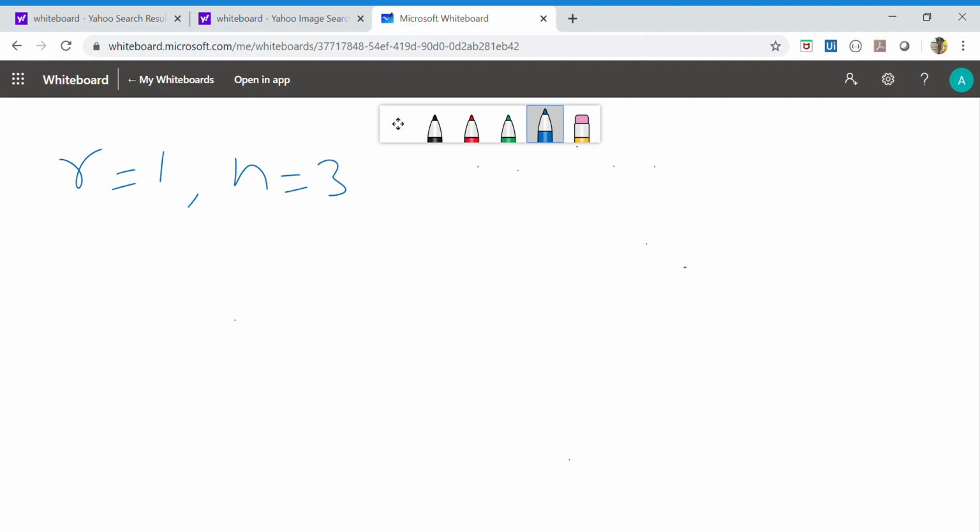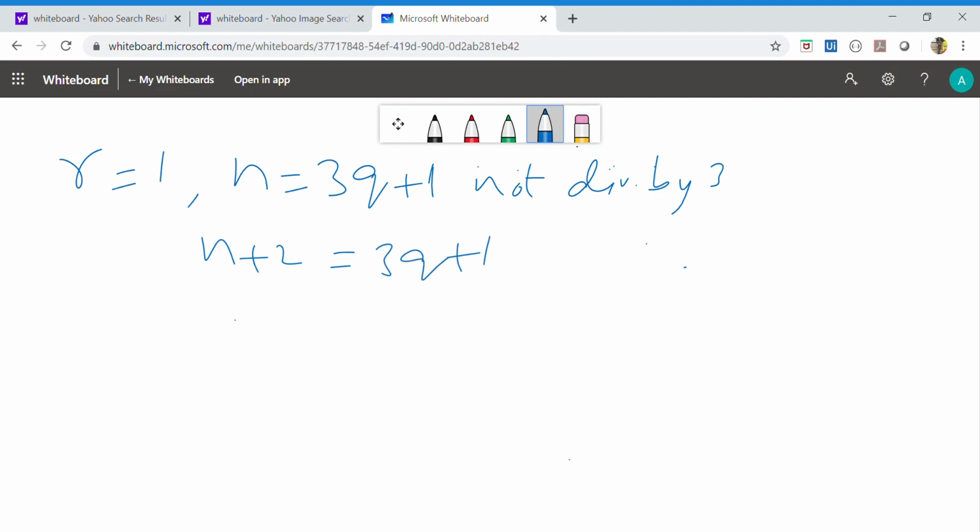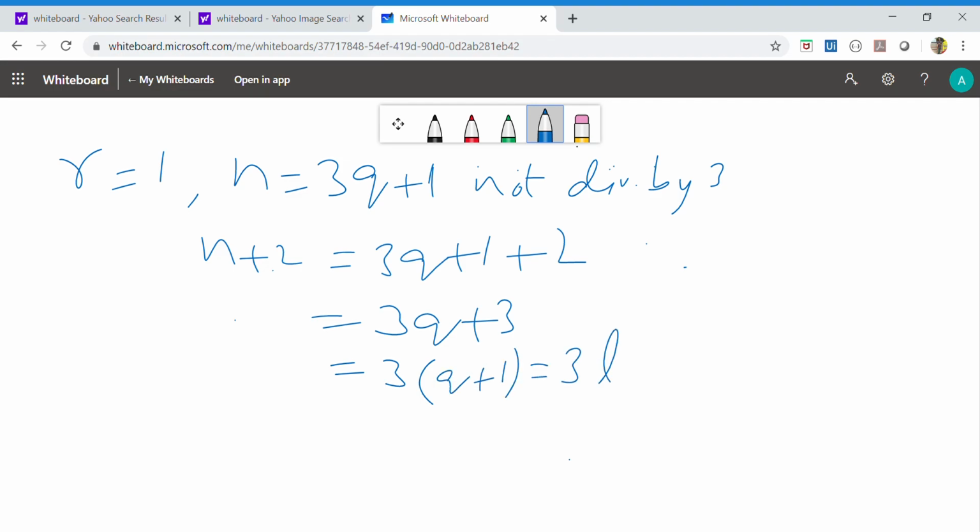So n becomes 3q plus 1, which is not divisible by 3. And you have to check for n plus 2. n is already 3q plus 1, and n is added by 2, so 3q plus 1 plus 2 becomes 3q plus 3. So 3q plus 3 means 3 of q plus 1 we can write. So this is 3 into some integer.